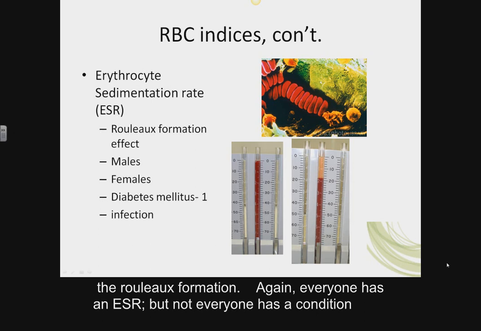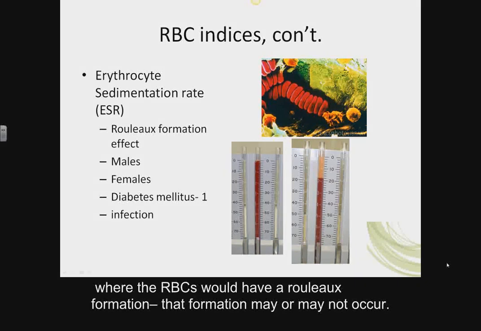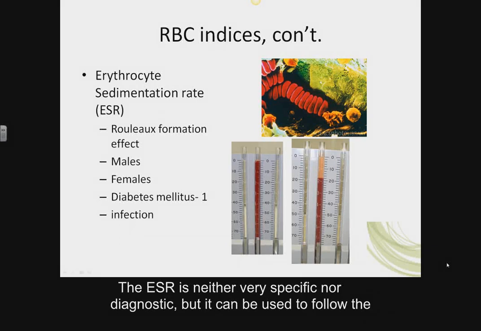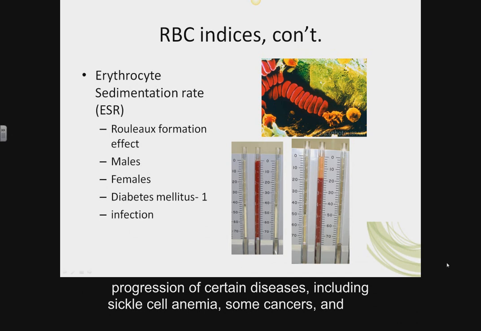That formation may or may not occur. The ESR is neither very specific nor diagnostic, but it can be used to follow the progression of certain diseases, including sickle cell anemia, some cancers, inflammatory diseases such as rheumatoid arthritis, just to name a few.